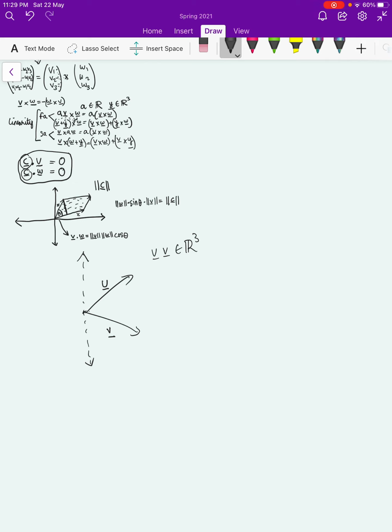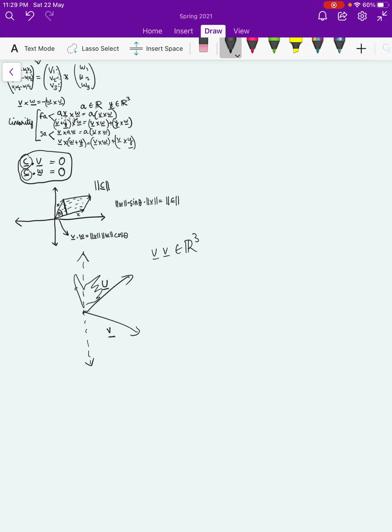In this case, you want your right hand to be over u. And then you want to curl your fingers towards v. In this case, we can't curl them towards v.